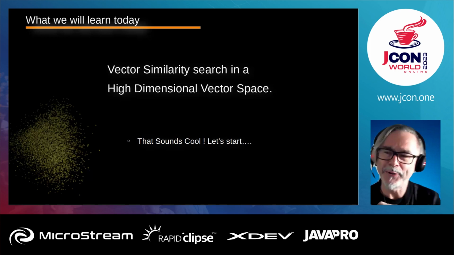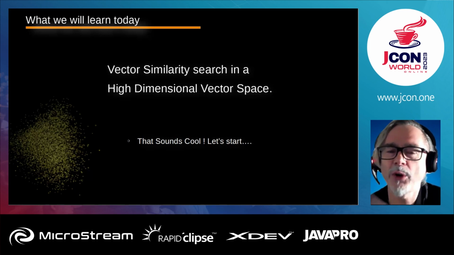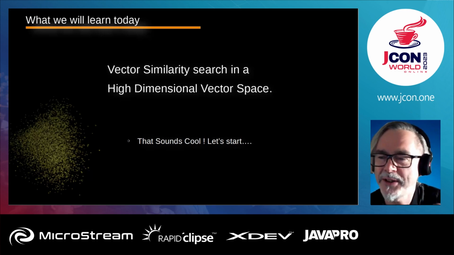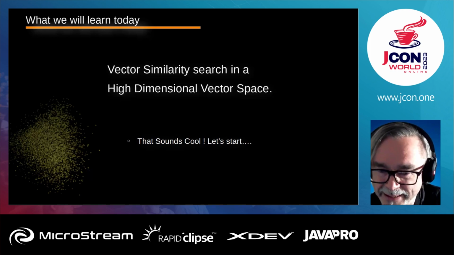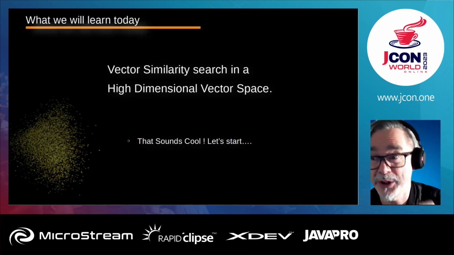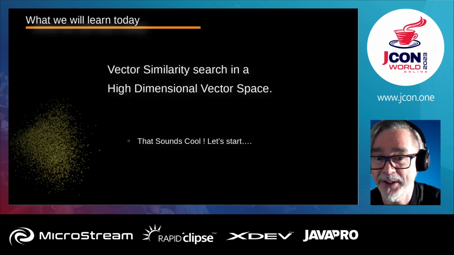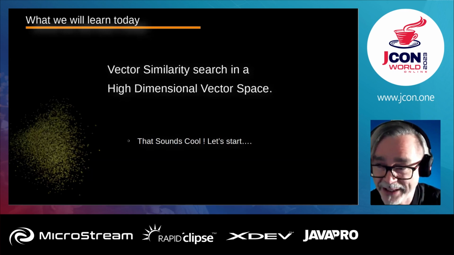But what we are doing today is I want to show you something. Today we want to learn something about vector similarity search in a high-dimensional vector space. This sounds pretty cool, doesn't it? Vector similarity search in a high-dimensional vector space.